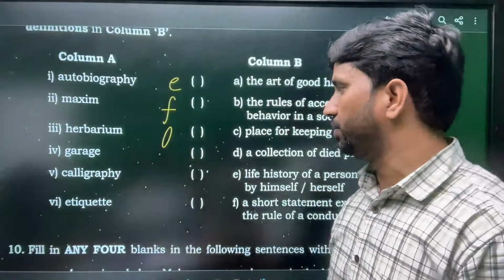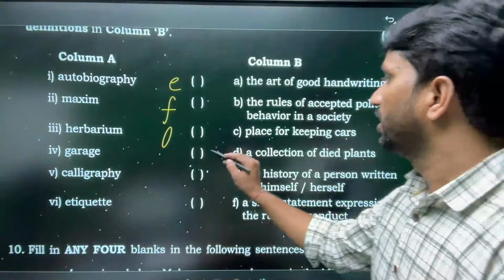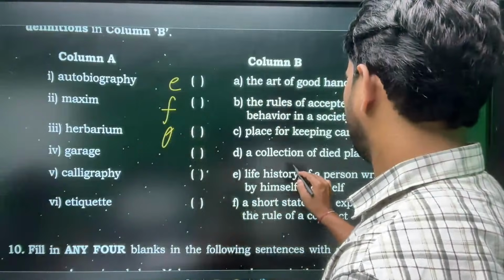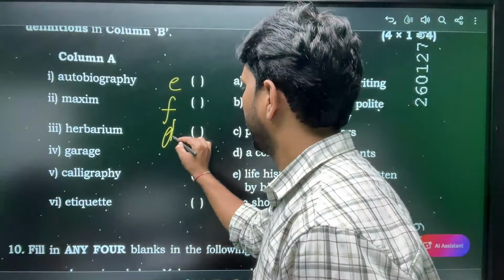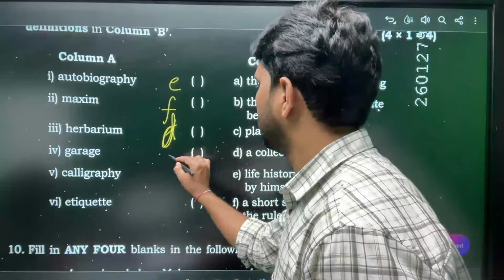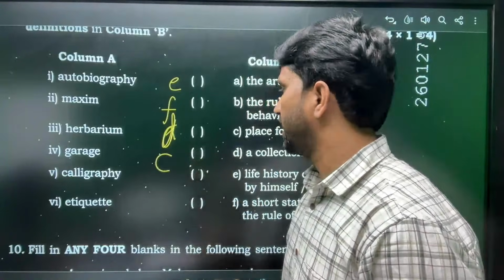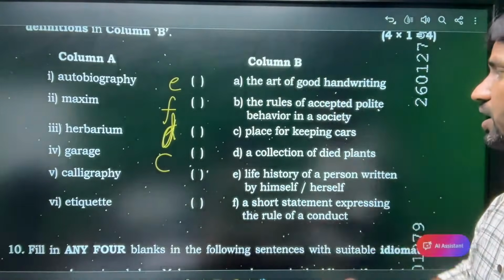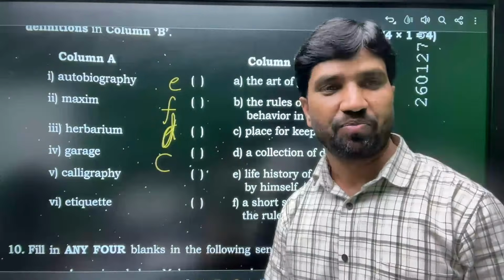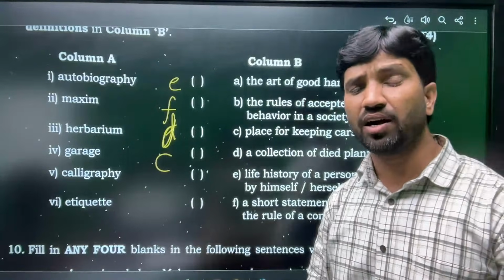For example, garage, we know very well what a garage is. Here it is D. And the next one is C. Garage in the sense of a place for keeping cars. And calligraphy in the sense of the art of good handwriting.